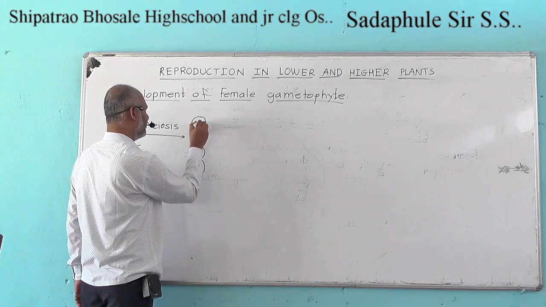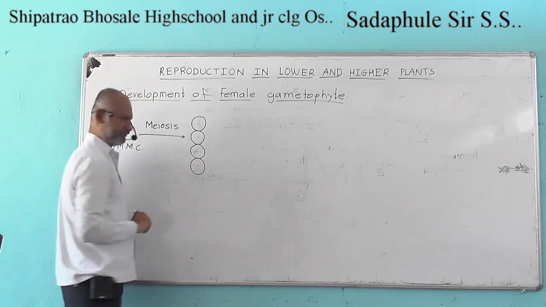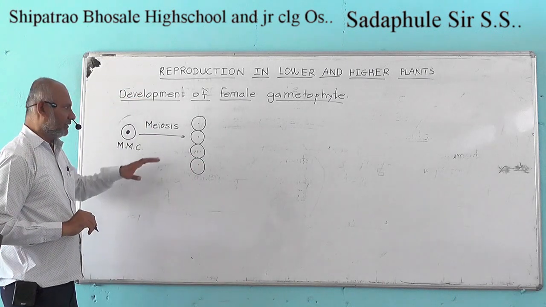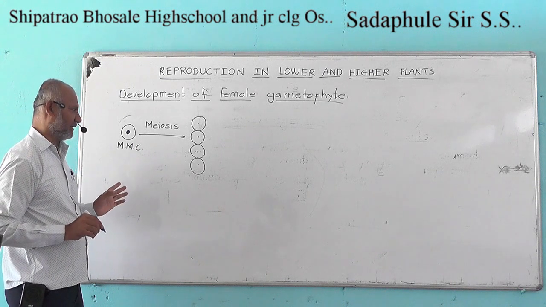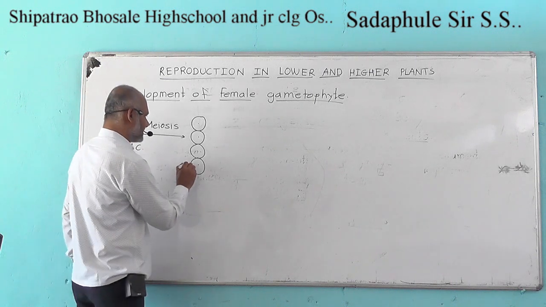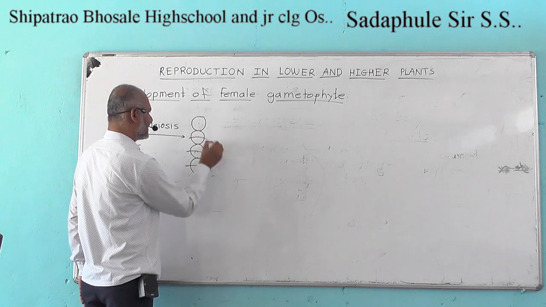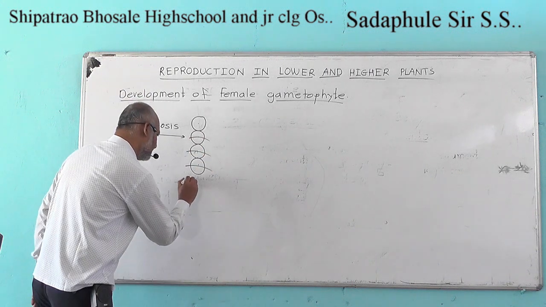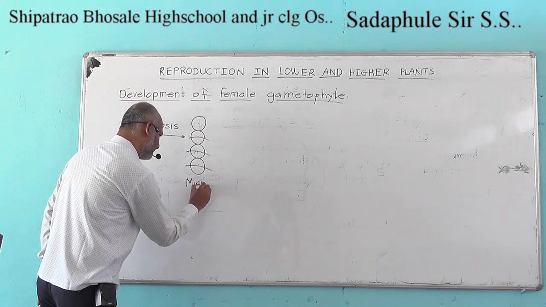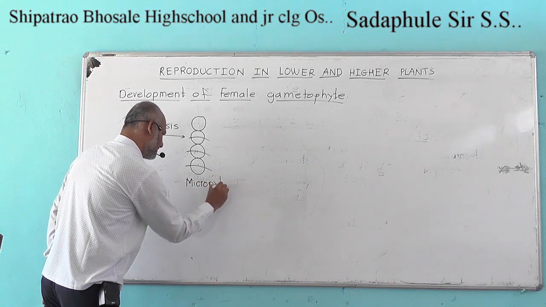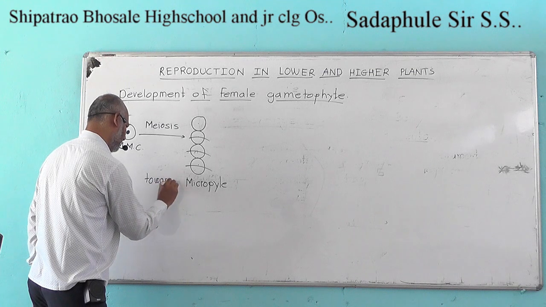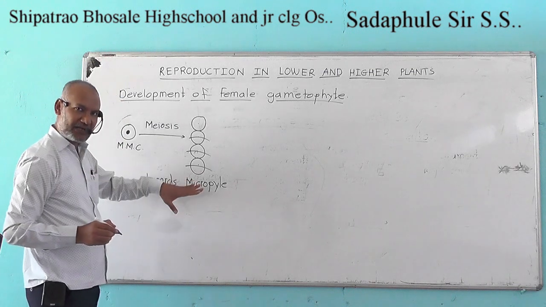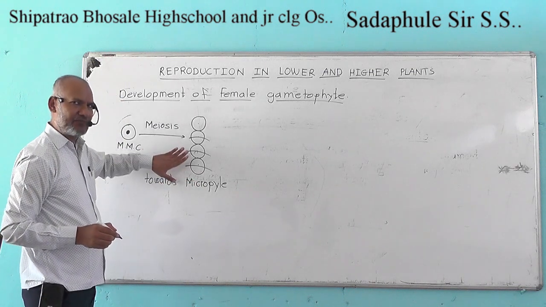Now, all these megaspores are not functional. The upper 3 megaspores, that is the megaspores present towards the micropyle, or micropylar megaspores, are non-functional.